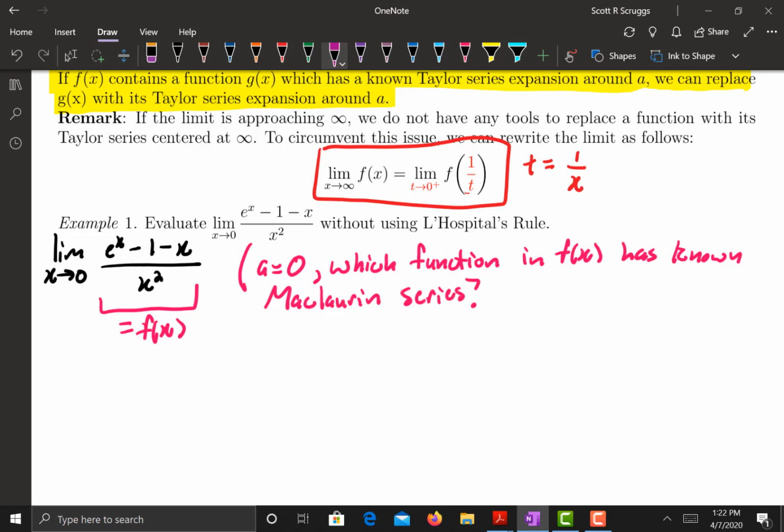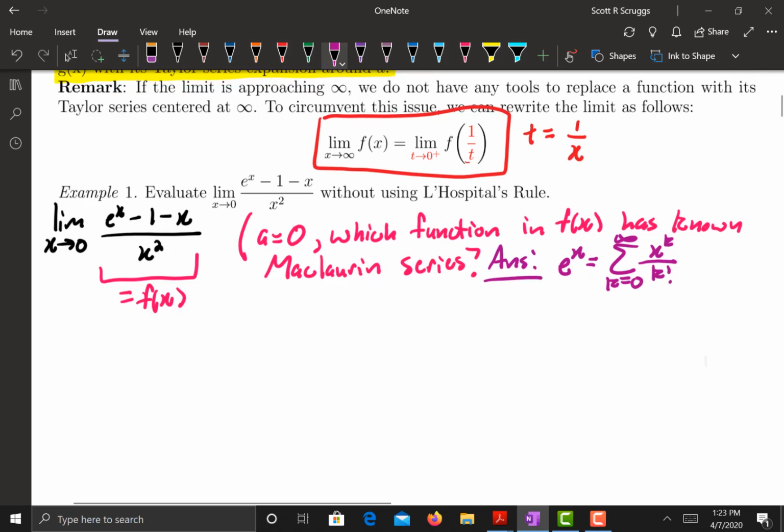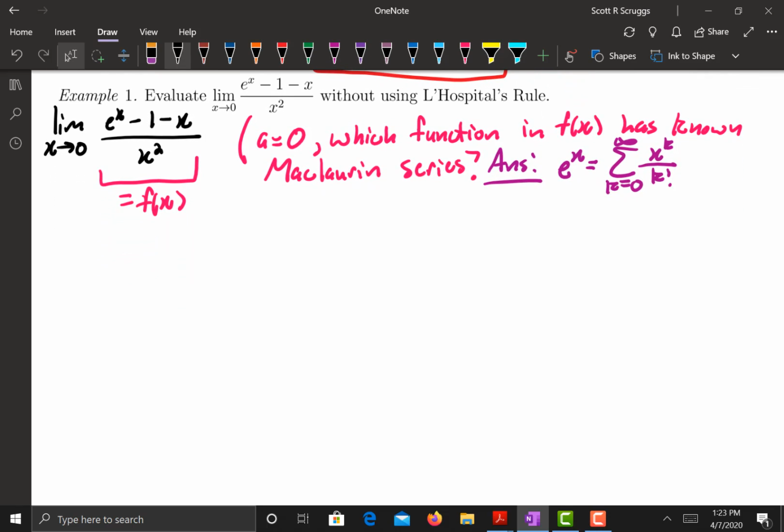And the answer to that is e to the x, because we talked about in the previous section that the Maclaurin series for e to the x is the sum going from 0 to infinity of x to the k over k factorial. And so because I know that now, within the limit as x goes to 0 of e to the x minus 1 minus x divided by x squared, I'm going to replace e to the x with this Maclaurin series.